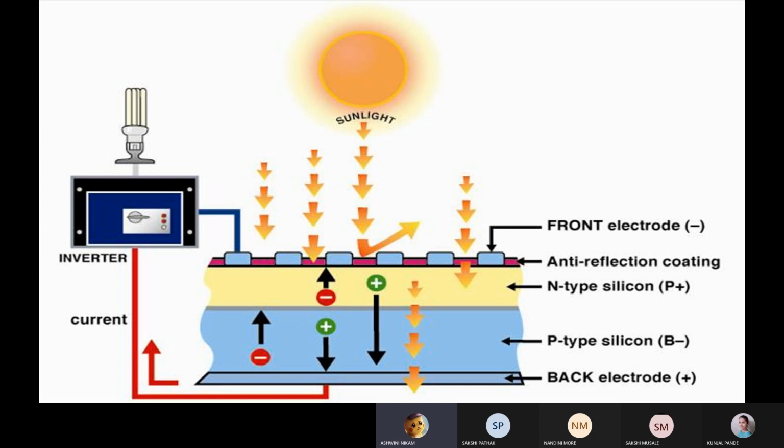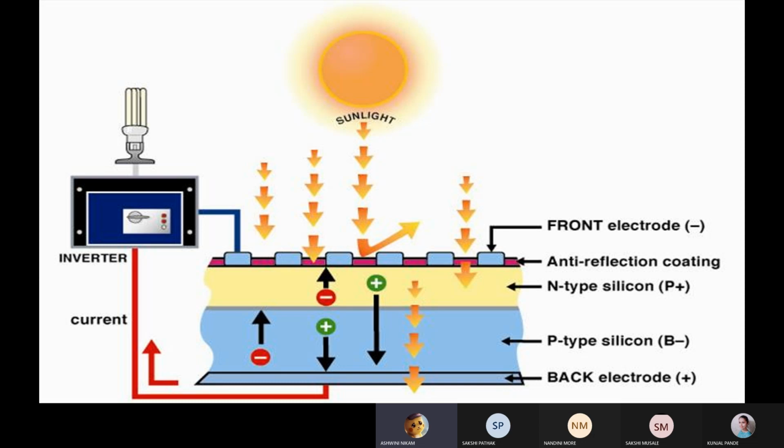So let's see how it actually works from the diagram given in the slide. In the diagram we can see many components which are placed one by one. We can see the energy from the sunlight, in the form of UV light, going onto the anti-reflecting coating.